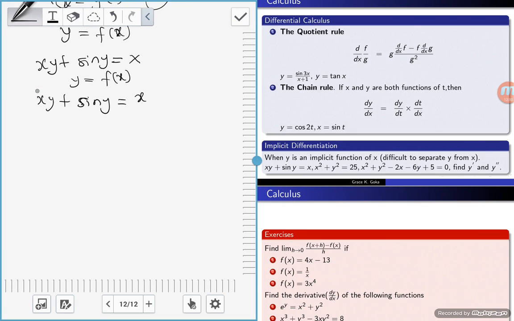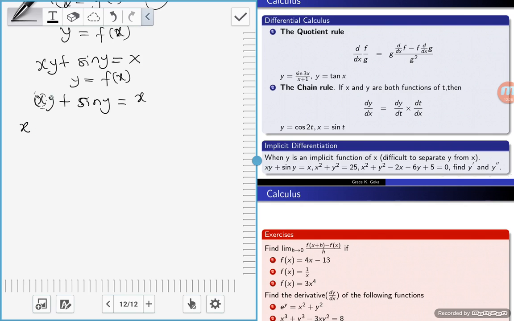All right, the first term is a product of two functions. So if you have a product of two functions, then what do you use? The product rule. And what does the product rule say? It states that keep the first constant or keep the second constant. Any one would do. So if we're keeping the first function constant, then we multiply it by the derivative of the second function. So we keep the first function constant, differentiate the second function.